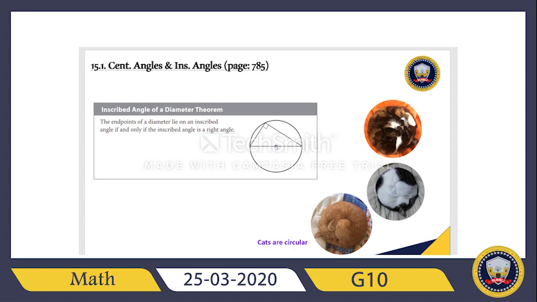The inverse also is right. Whenever you have two endpoints lying on a diameter, meaning the line that connects them passes through the center of my circle, then the corresponding inscribed angle should be 90 degrees.